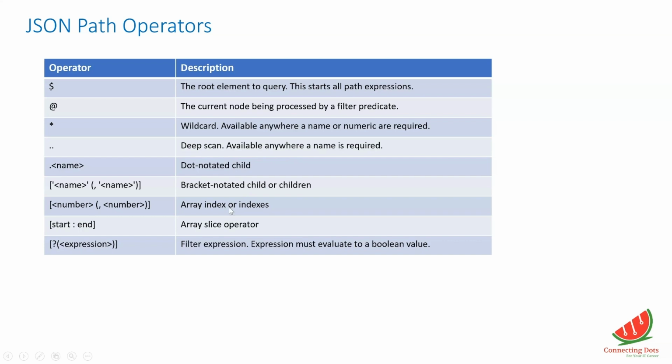Array index or indexes: instead of getting a single index or single object, you can mention multiple array indexes so that you can get more objects. Start to end slice operator, we tried that but it didn't work.